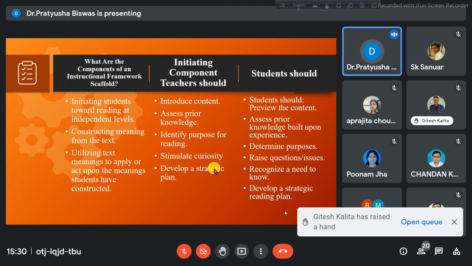Can anyone give me, apart from these 2 techniques, any other way to stimulate curiosity amongst slow learners? Apart from these 2 techniques, any other technique to stimulate curiosity among slow learners?